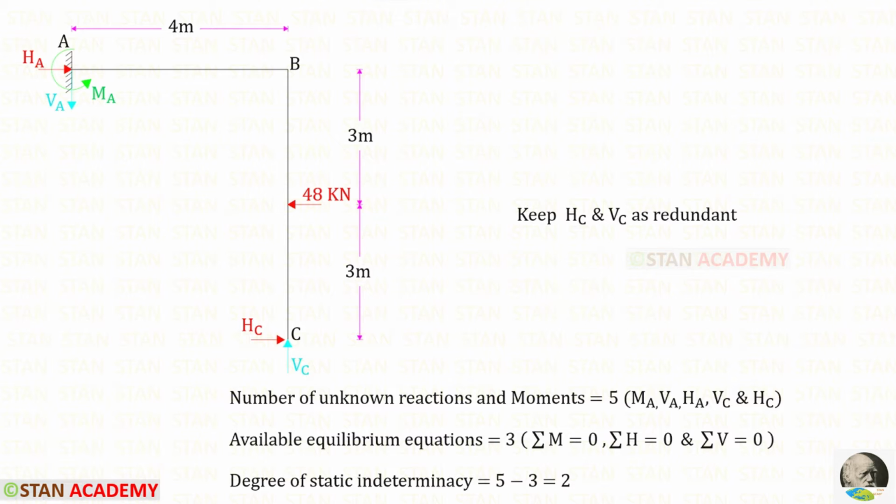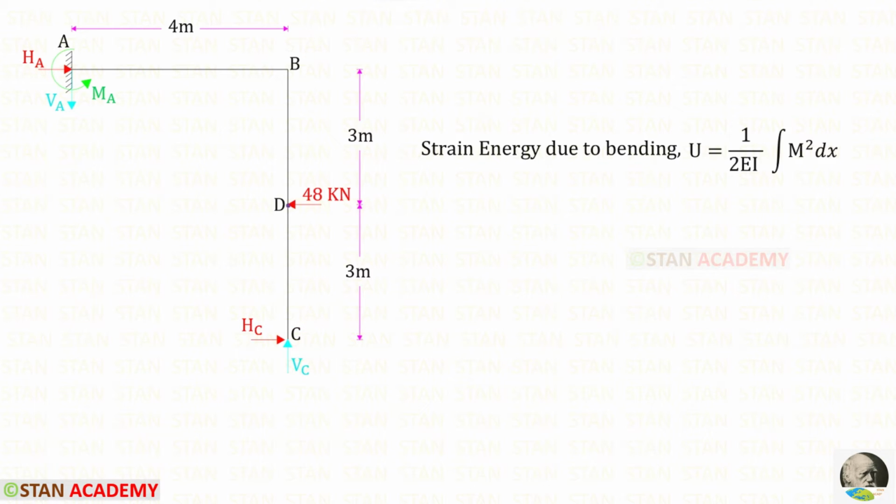Let us keep the horizontal reaction at C, HC, and the vertical reaction at C, VC, as redundant. Let us keep this point as D. We know the formula for the strain energy due to bending. In this frame, we have to make sections.